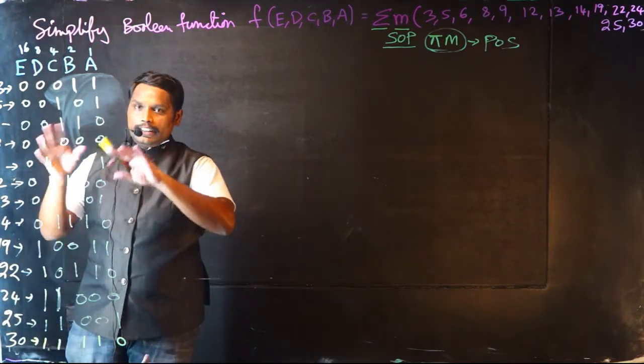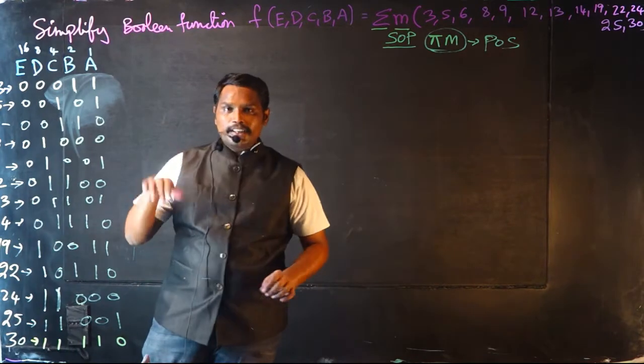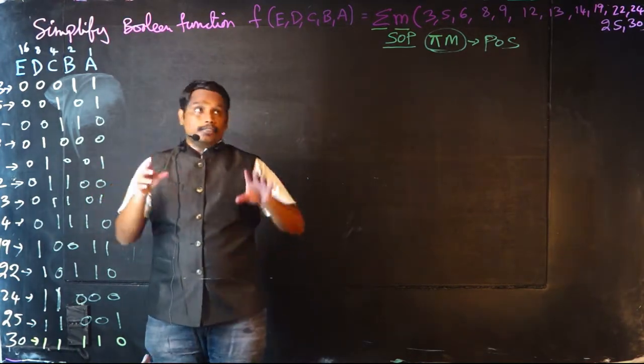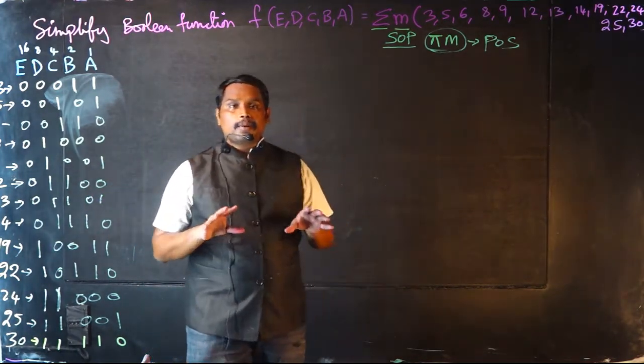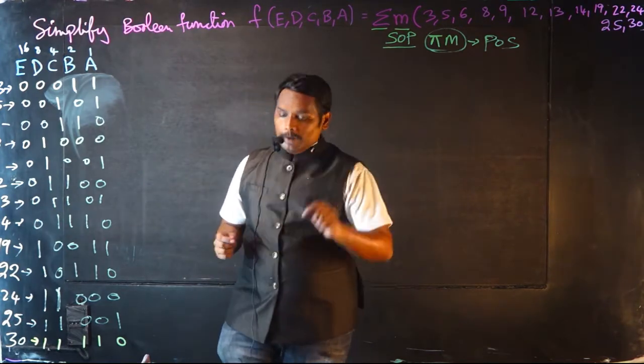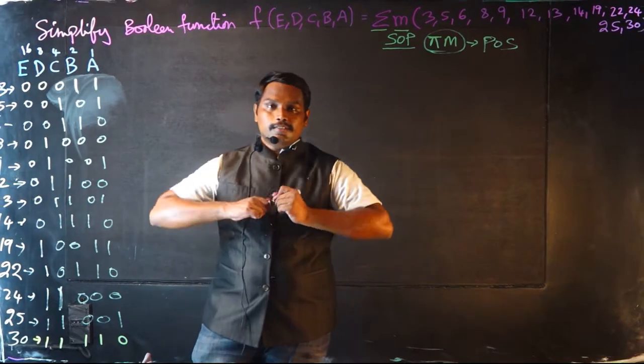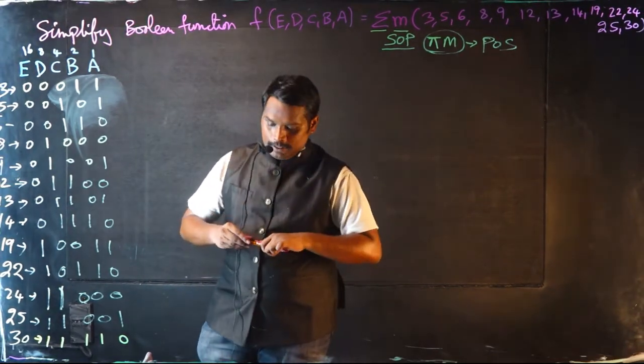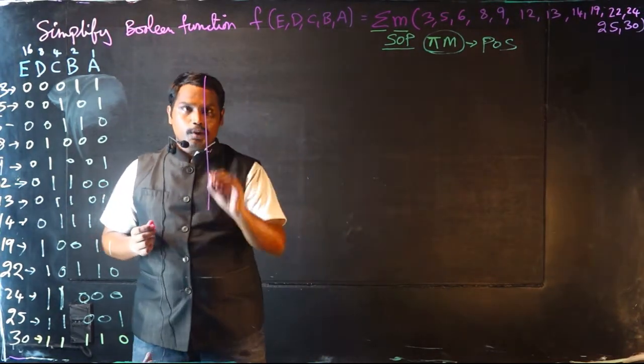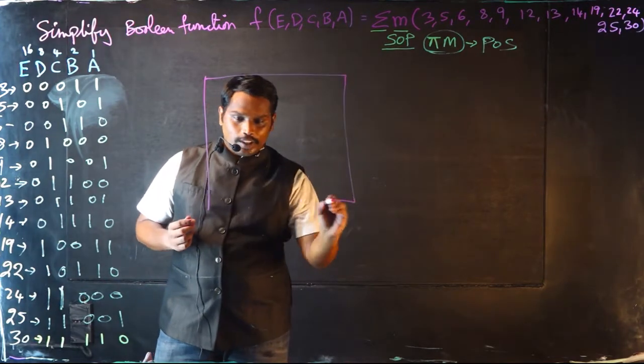Now you have generated a binary representation for all the minterms. For these minterms, since it is SOP, you are going to plot a 5 variable Karnaugh map, plotting all ones for the minterms, right? So first I'm drawing a 4 variable Karnaugh map.